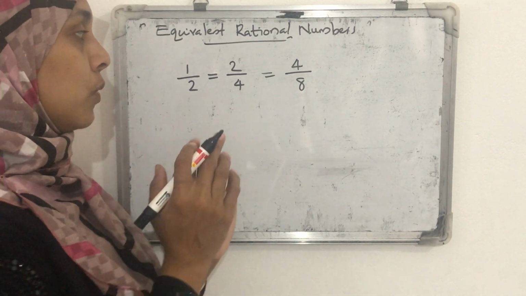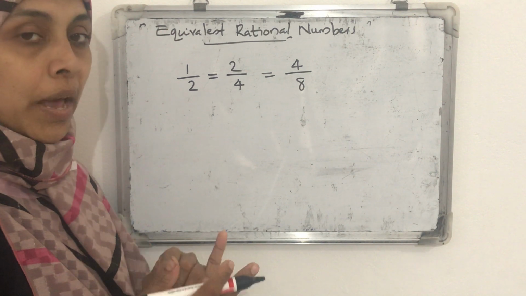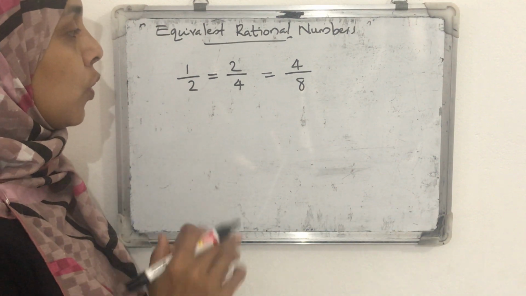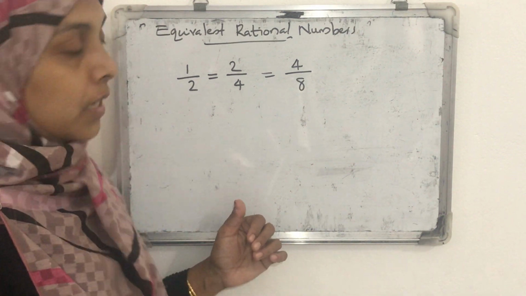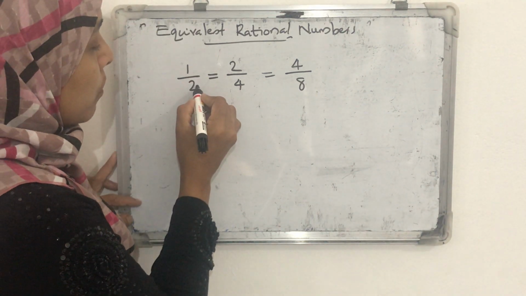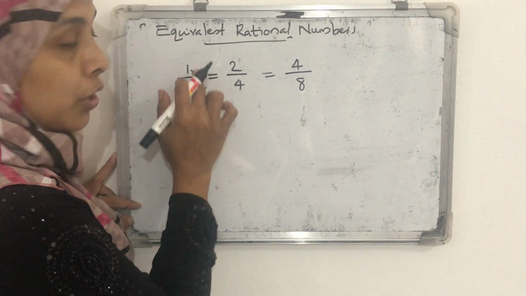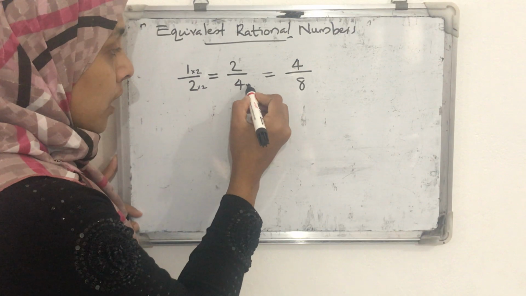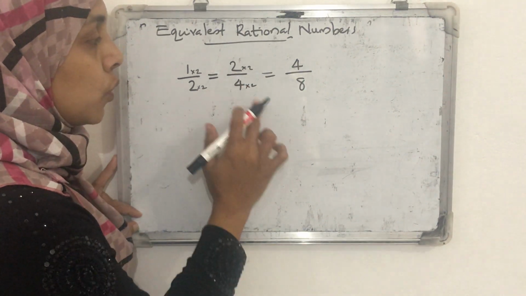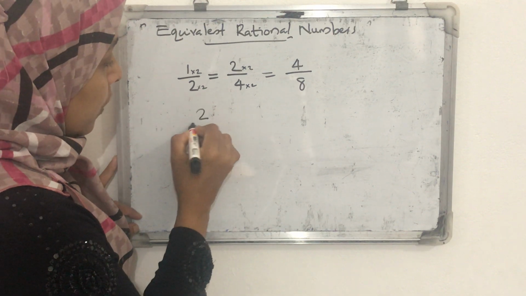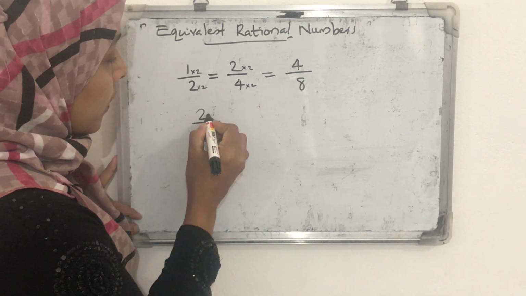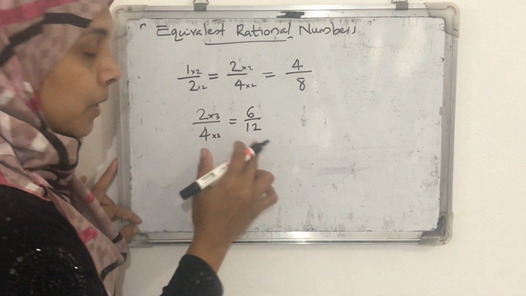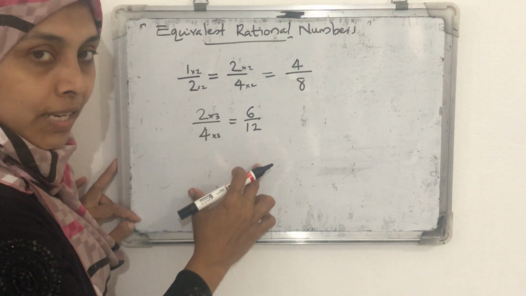Now how do we find equivalent rationals? By multiplying or dividing by a number other than 0. With a number other than 0 we will get different equivalent rationals. In the case of 1 by 2, we multiplied both numerator and denominator with 2, so we got 2 by 4. To get another rational, we multiplied with 2 again, we got 4 by 8. And if we multiply both numerator and denominator by 3, we get 6 by 12, which is also an equivalent rational.